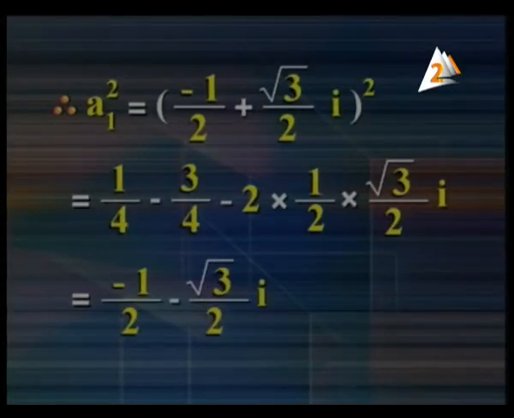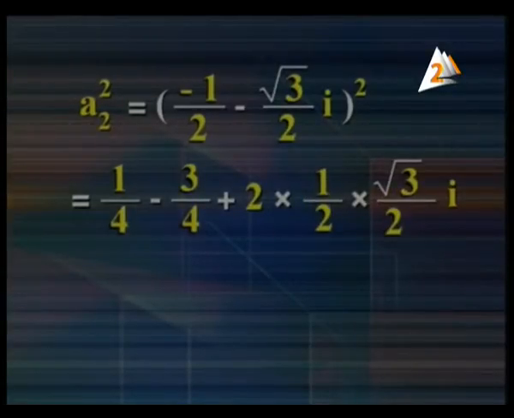Therefore, a1 squared, negative 1/2 plus root 3/2 i all squared, equals first squared, second squared, plus first times second times 2. First squared equals 1/4, second squared is negative 3/4, and first times second times 2 equals negative 2 times 1/2 times root 3/2 i. By combining like terms, the answer is negative 1/2 minus root 3/2 i, which equals a2.